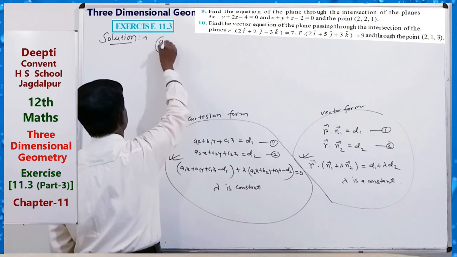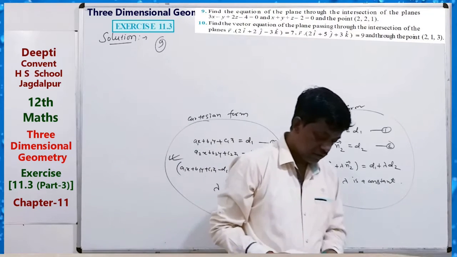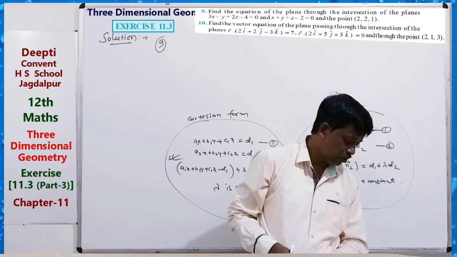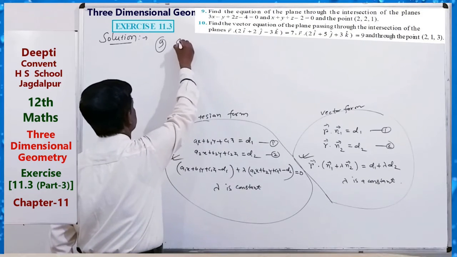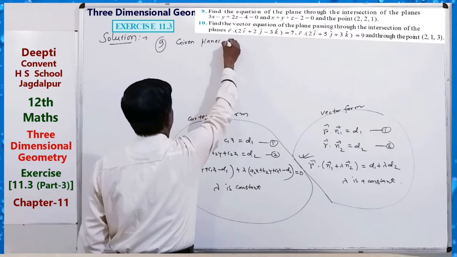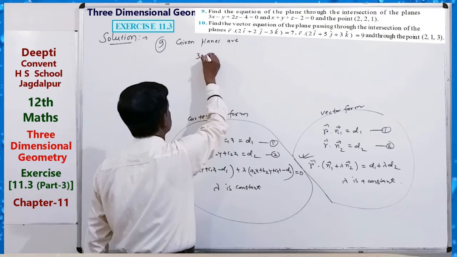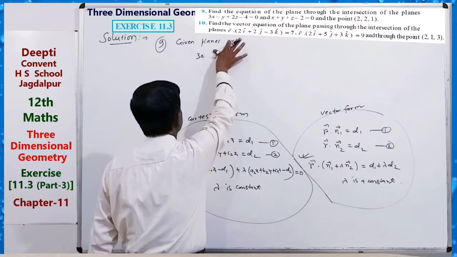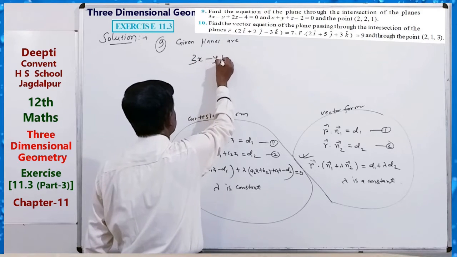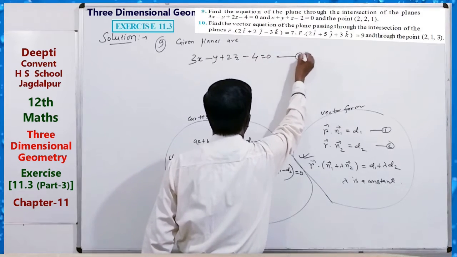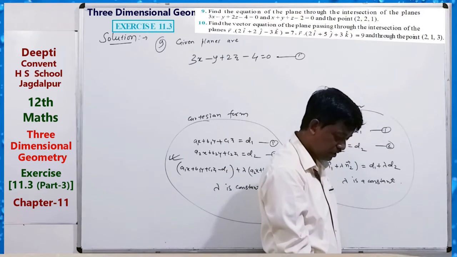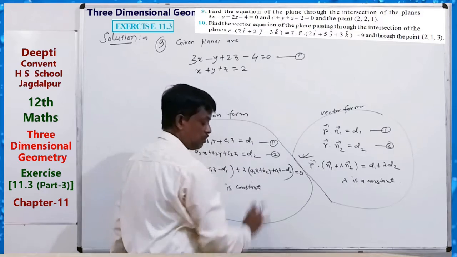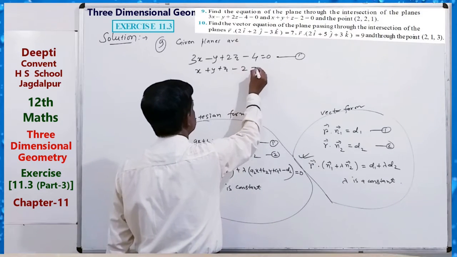Okay, so question 9. What is given? In question 9, two planes are given. The first plane is 3x minus y plus 2z minus 4 equals 0, and the second is x plus y plus z minus 2 equals 0.